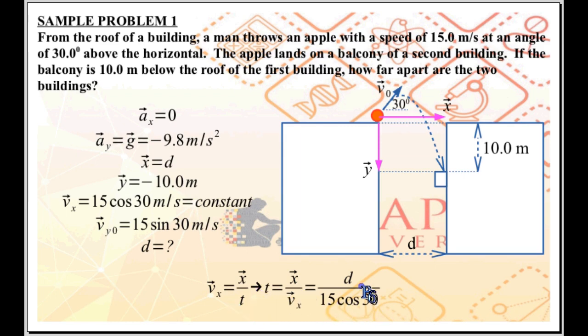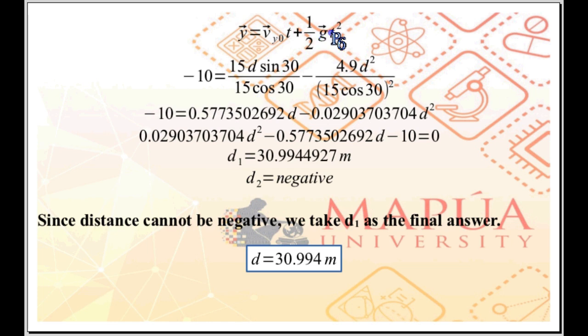So using t is equal to d over 15 cosine 30, replace t by that equation and plug in our values or equations for the other variables.